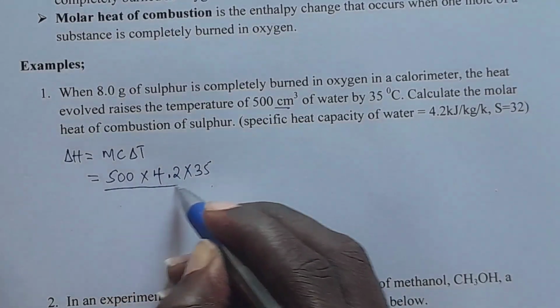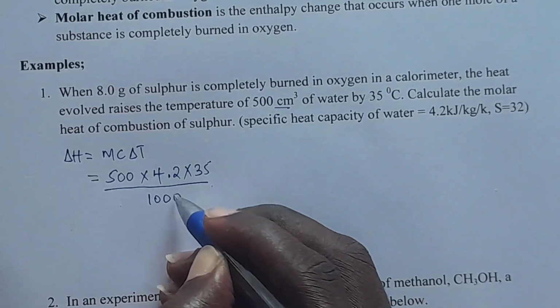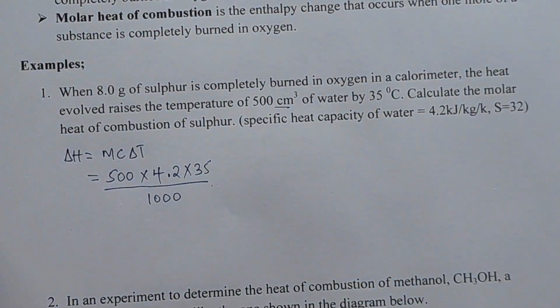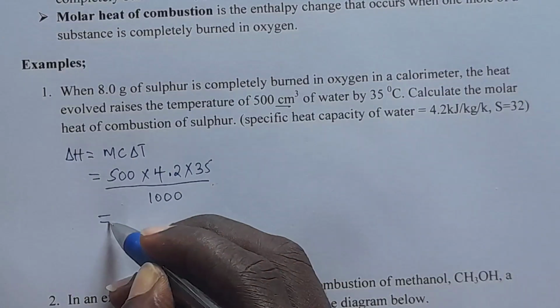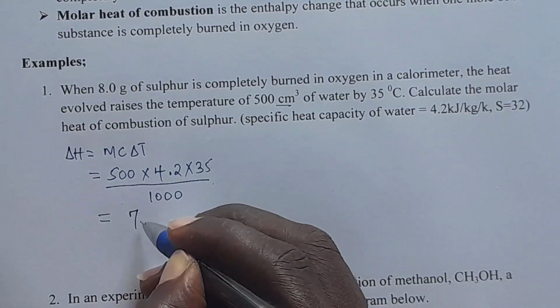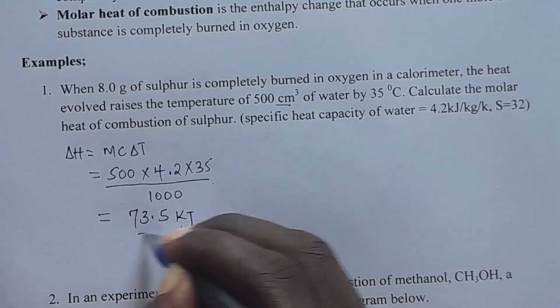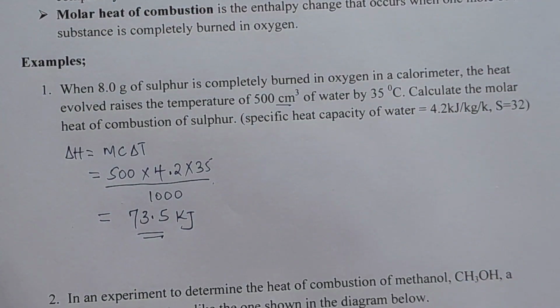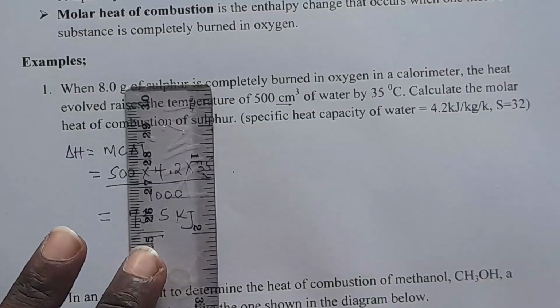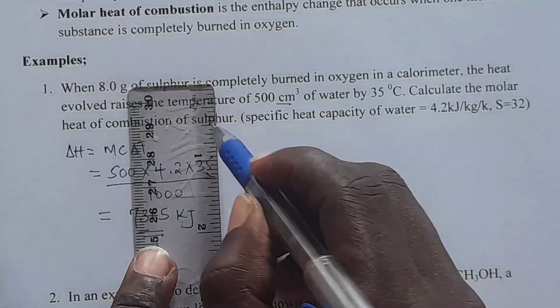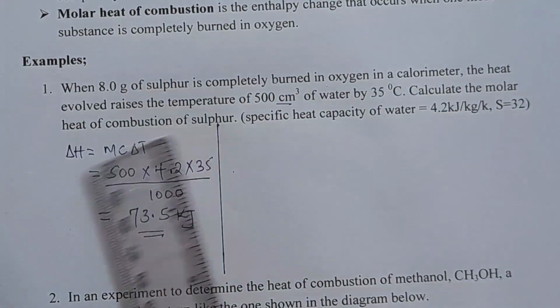We have to divide by 1000 so that our enthalpy change is in kilojoules as its unit. So this will be equal to 73.5 kilojoules. That's the first step of getting the molar enthalpy of combustion for this sulfur.